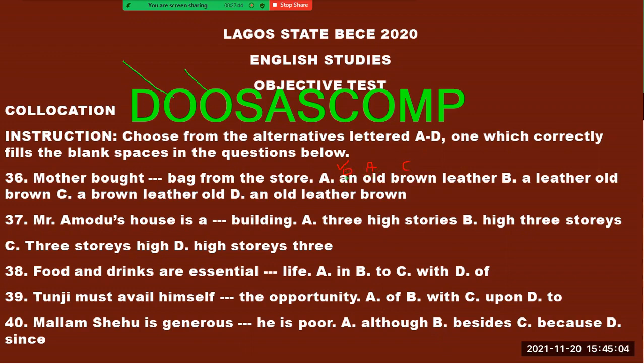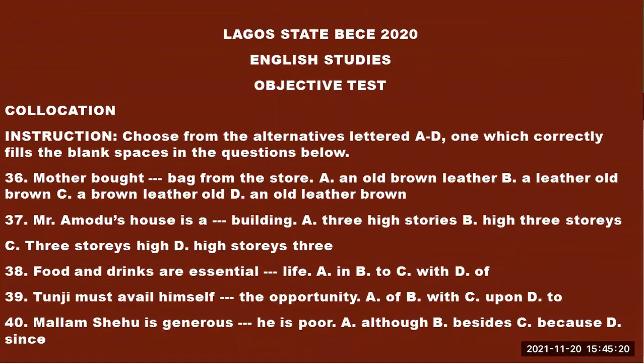So that is why this is absolutely correct. All right. And then leather is material. And of course, leather comes before purpose. All right. So I want you to understand that.